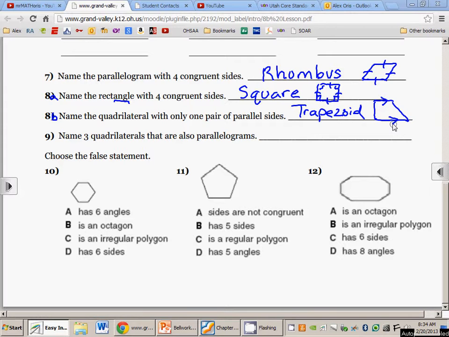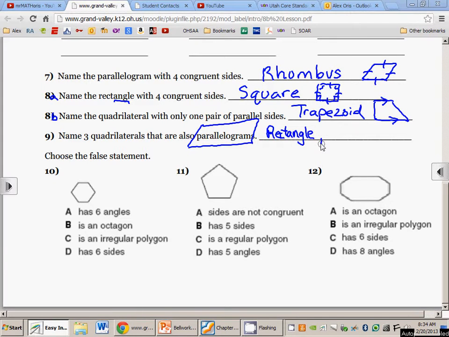Now, number 9, name 3 quadrilaterals that are also parallelograms. Remember, a parallelogram, if we drew one, it just means that the opposite sides have to be parallel and congruent. We've actually talked about 3 of them. A rectangle is a parallelogram because the opposite sides are congruent and parallel.